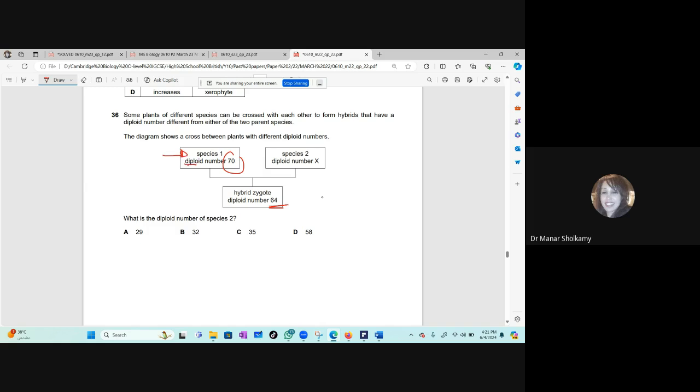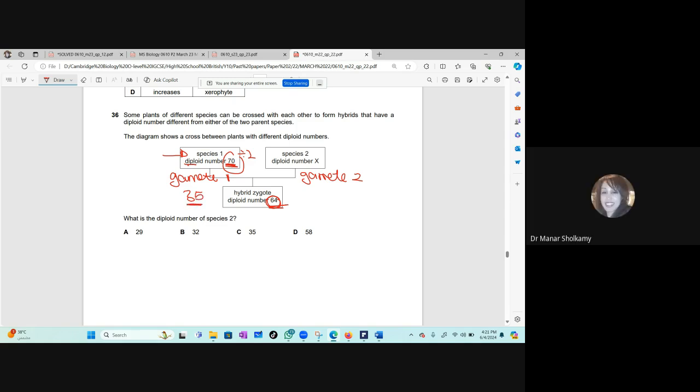What is the number of chromosomes in its gametes? Because one gamete from species 1 will combine with one gamete from species 2 to give you a diploid zygote that is 64. So, 70 divided by 2 will be 35.